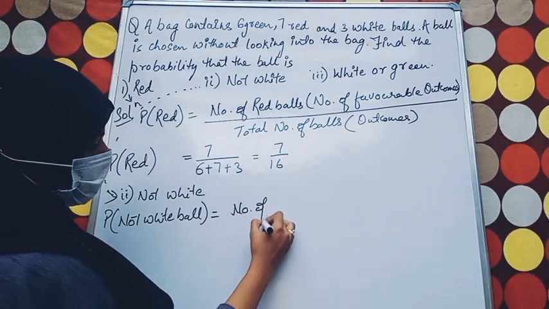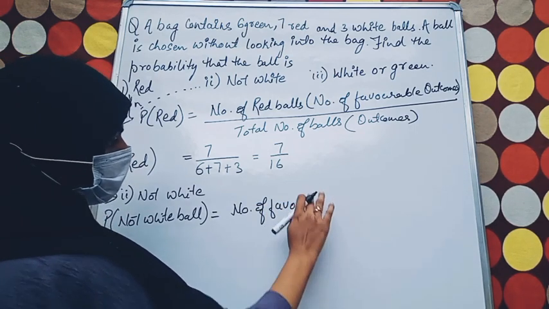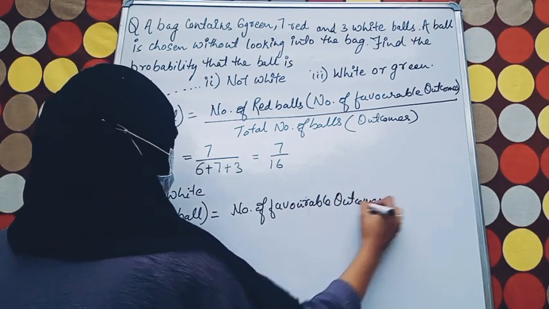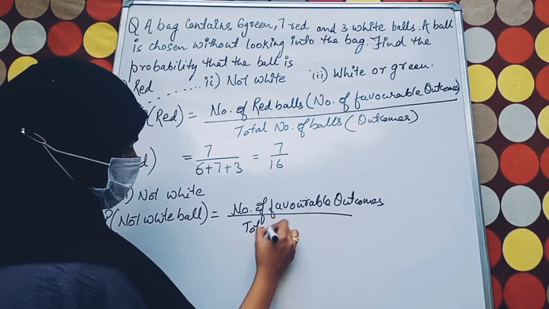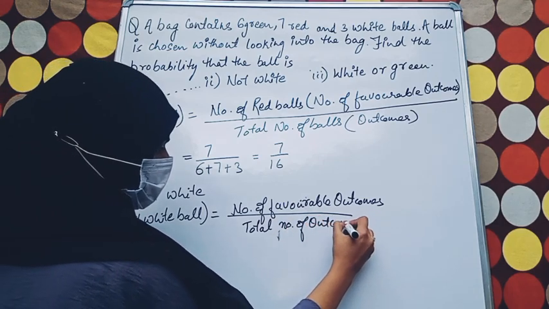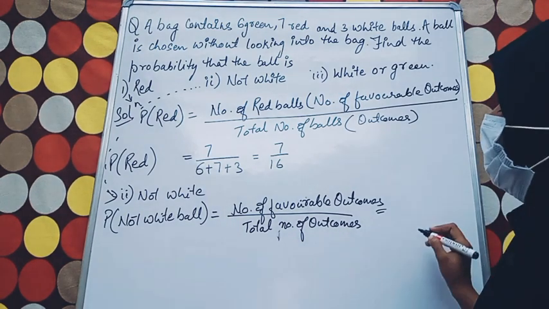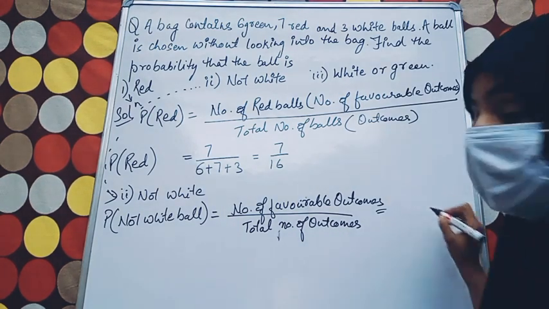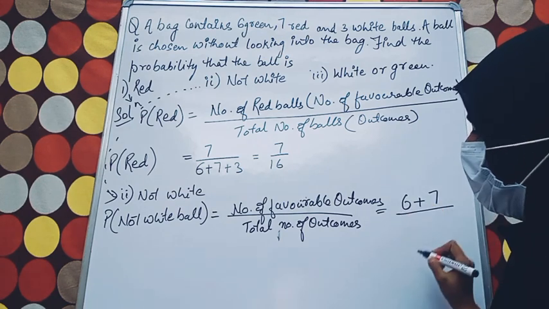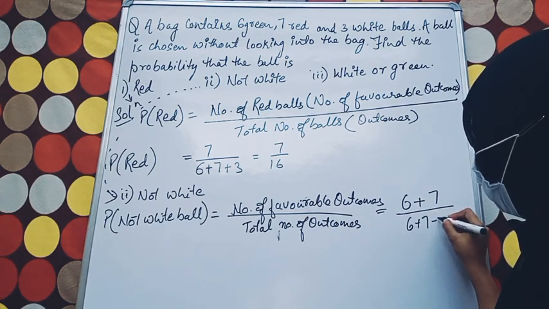the number of favorable outcomes upon the total number of outcomes. Now here we don't have to write the white ones, so we write the remaining ones: 6 green plus 7 red upon the total number of outcomes, which is 16, that is 6 plus 7 plus 3.